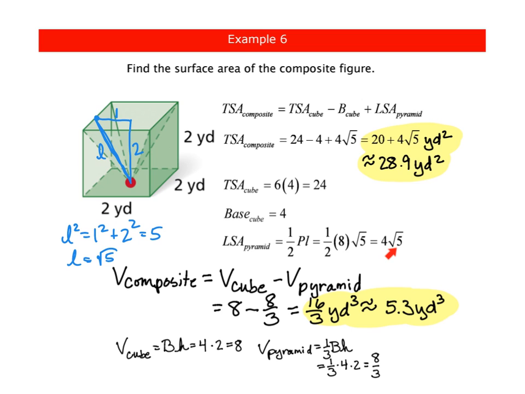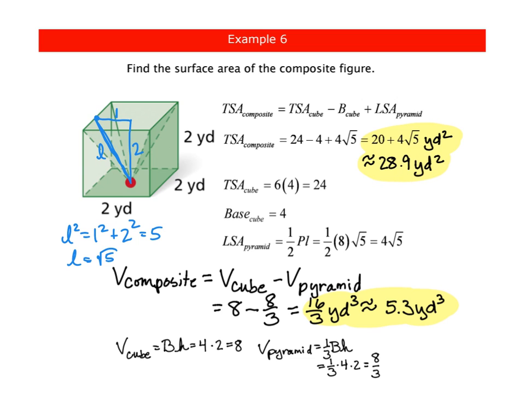So the lateral surface area of my pyramid is 4 square root of 5. And I plug all that into my original plan. So it's 24 minus 4 plus 4 square root of 5. Simplifying gives me 20 plus 4 square root of 5. That's square yards. Then plugging in my calculator, I get 28.9 square yards.